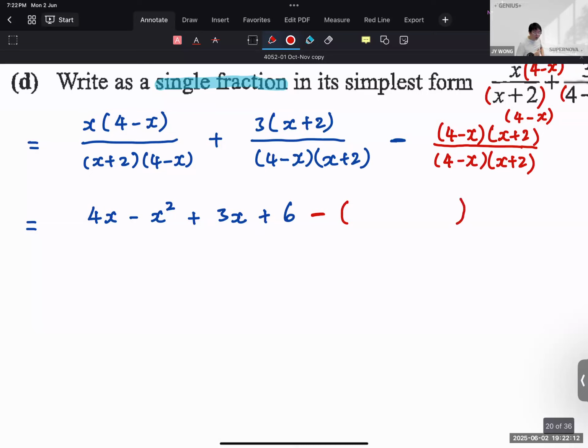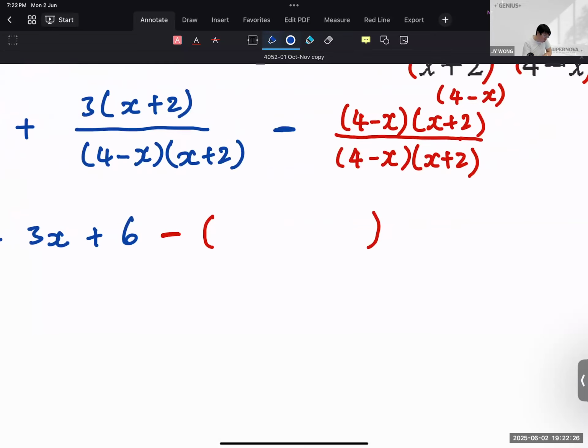You later on forget to change the sign. So 4 minus x plus 2. Nothing better to do here, I just expand this. So rainbow expansion, right? This times this, times this.